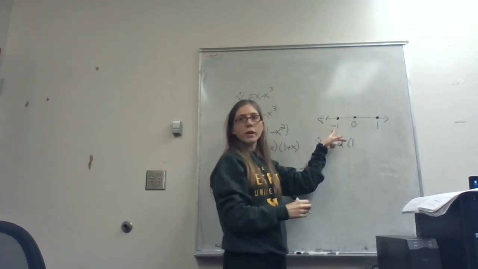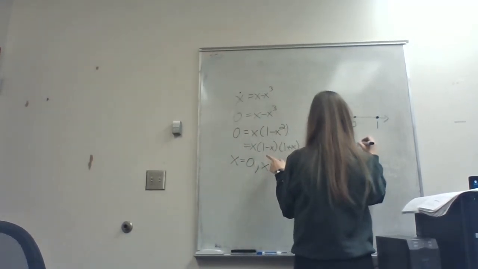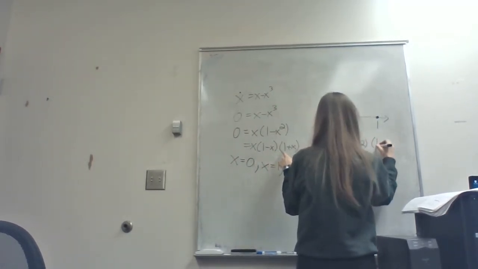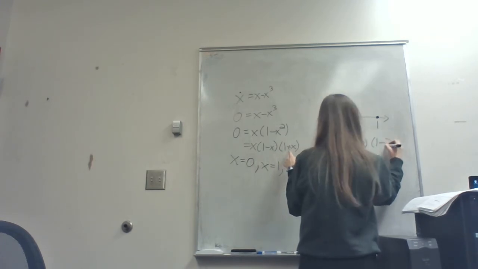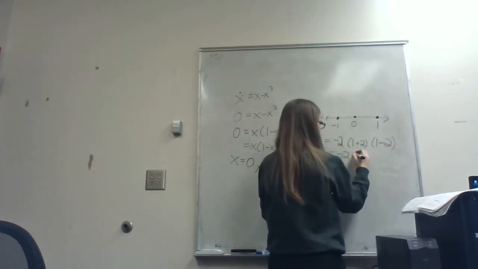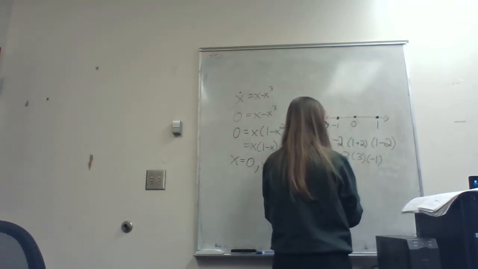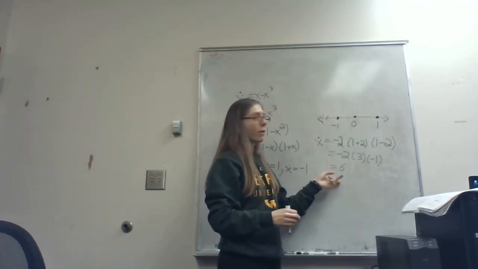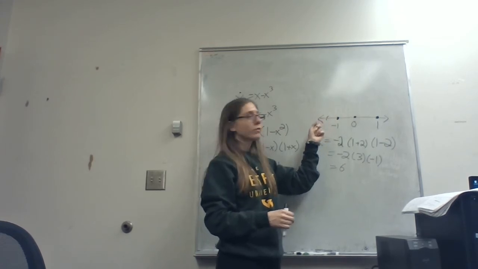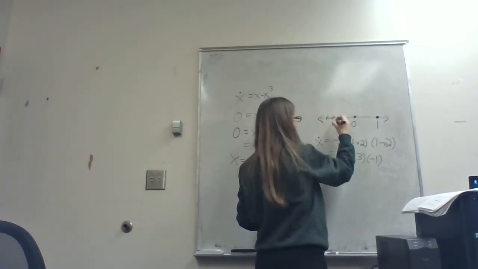So I'm going to start below -1. -2 times 1 plus 2 times 1 minus 2. Is that right? How about now? 6. So x dot is 6, so x is increasing when I'm at -2. So I guess I'm going this way.